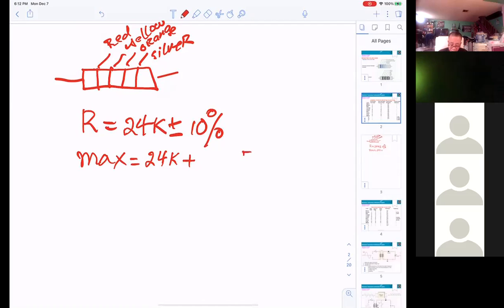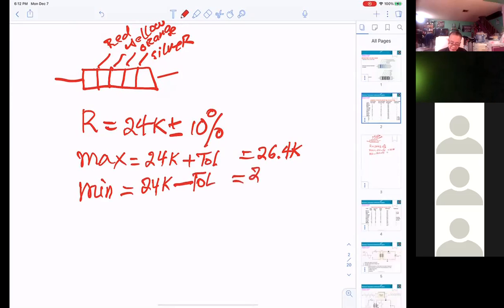That is the tolerance I did not calculate. Then you get the minimum, which will be 24K minus the tolerance, 21.6, so 21.6K.